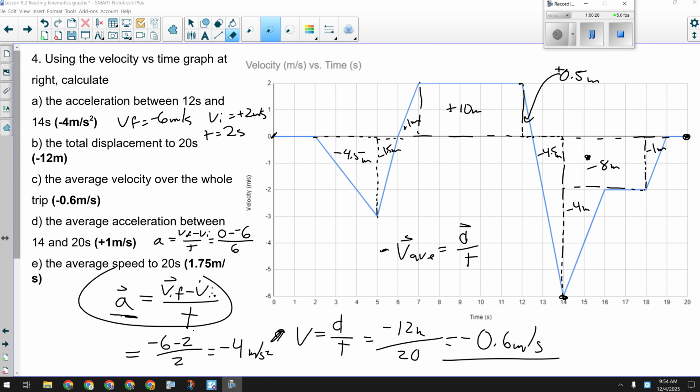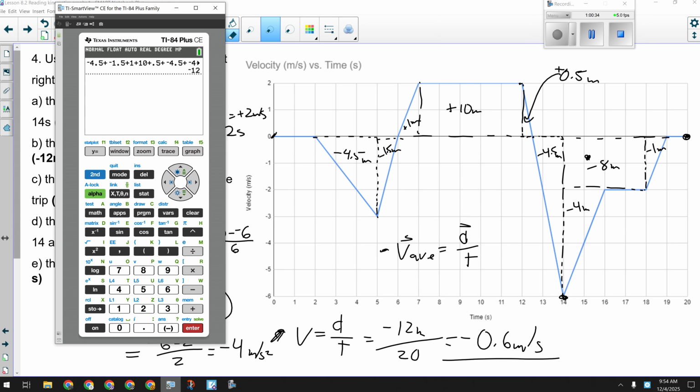In part C, the positive and negative mattered. Does it matter now? So to get total distance, I simply add all those numbers together. So 4.5 plus 1.5 plus 1 plus 10 plus 0.5 plus 4.5 plus 4 plus 8 plus 1.